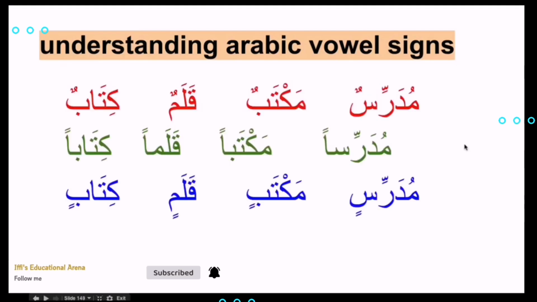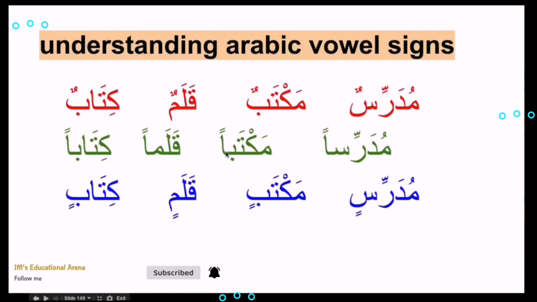So for double dhamma, we write normally, mudarrisun, on the top of the letter, maktabun, top of the letter. If you see double kasra, mudarrisin, below the letter, maktabin, below the letter. But if you notice here, there's something different happening. For mudarrisan, the double fatha is always written on an alif.